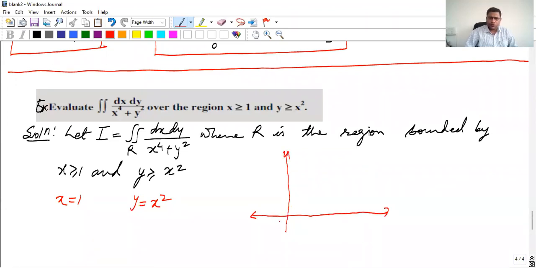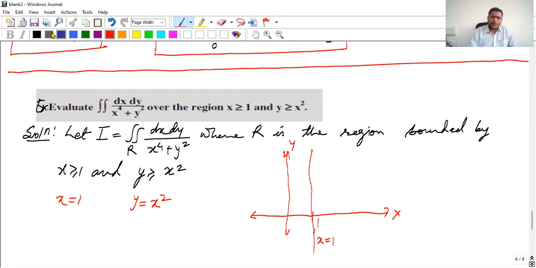So this is the x-axis, this is the y-axis, and here we have 1. I want to find x equal to 1. This is the line x equal to 1.